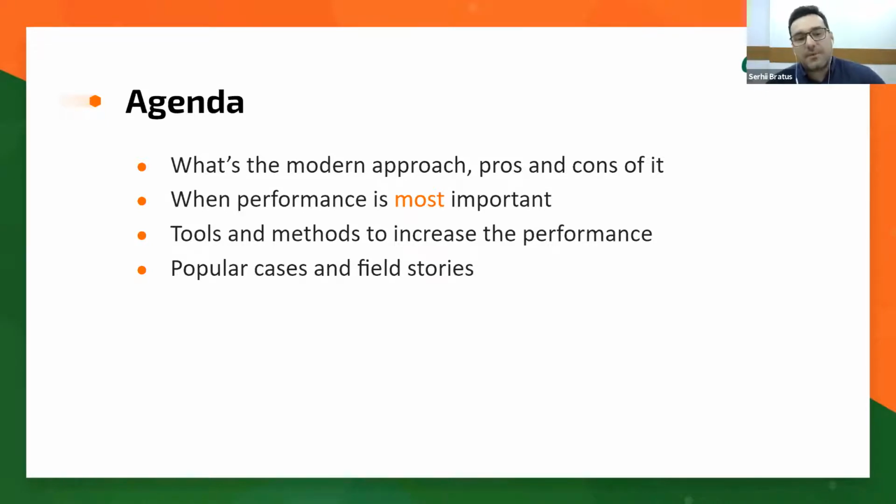Then we'll discuss when performance is most important. Of course, performance is basically always important, but from my experience there are some places where it is crucial and critical. So we'll discuss tools and methods to increase performance and ways to do this.